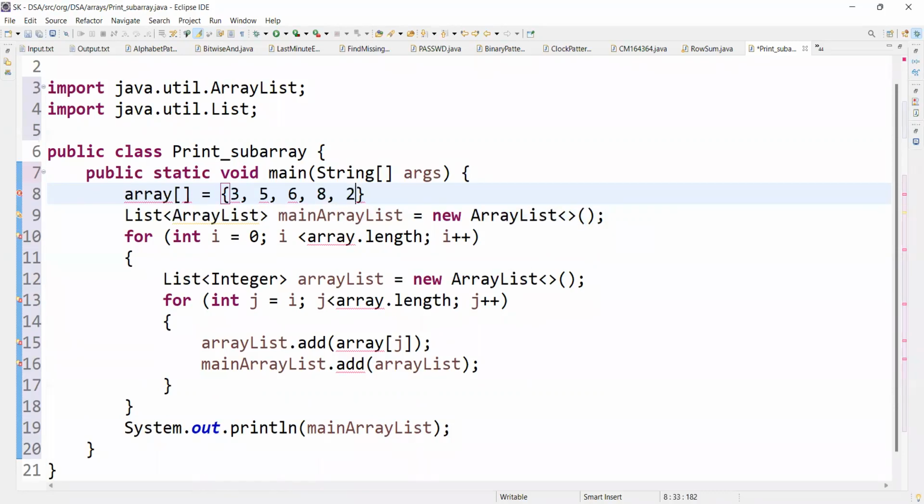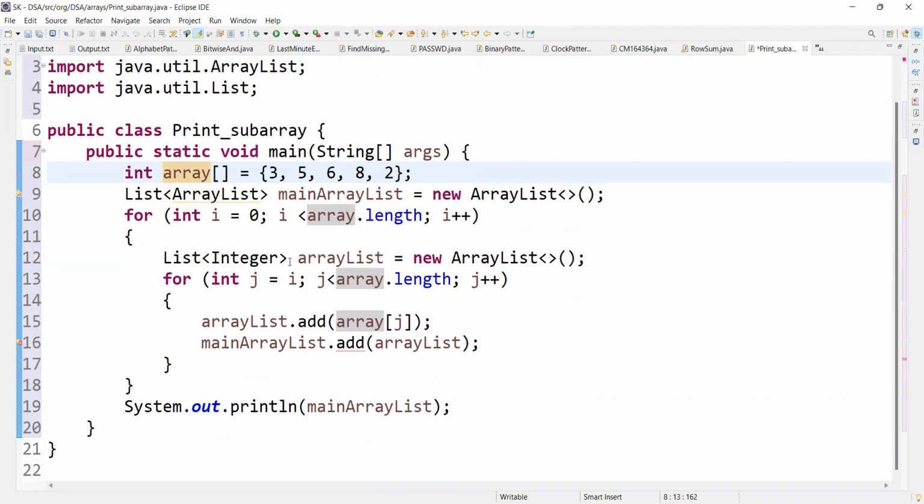Okay, I took one. Then you're running array dot length, cool. Then you are taking a list of integer and array list.